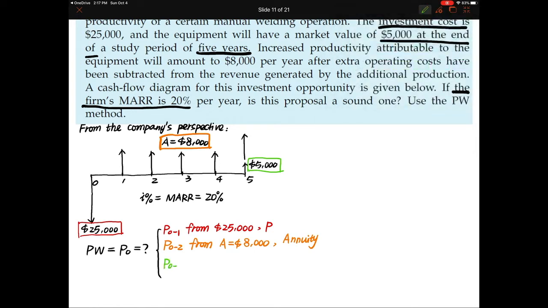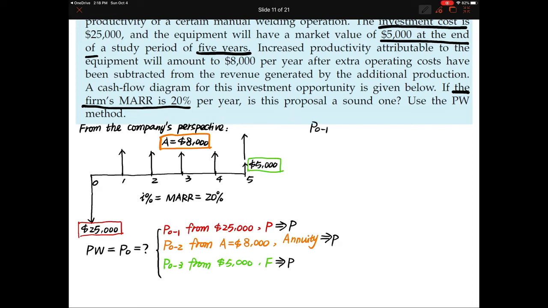And the third part is from the future value of 5,000, so that is a future cash flow. You want to convert all the cash flows back to present. You want to convert the annuity to present, and you want to convert the future cash flow to present. That's your goal. So now let's do the conversion.